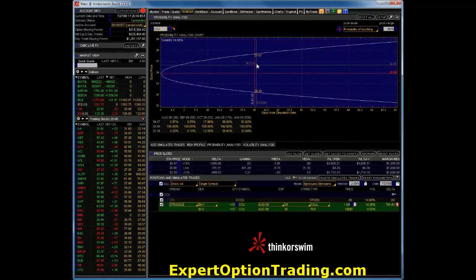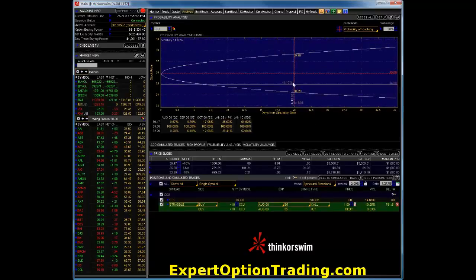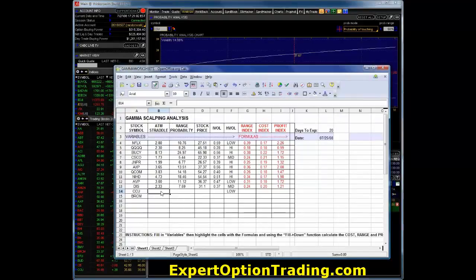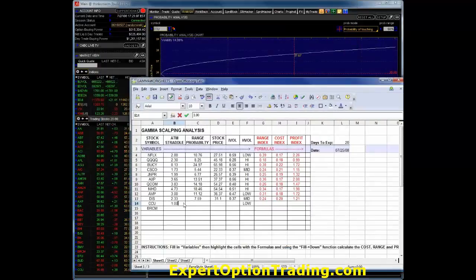And if we take a look here, we have a range here, 20 days to expiration, between $34.20 and $37.67. So let's go ahead and subtract those numbers. Minus $34.20, that gives us a range of $3.47. We'll bring up our worksheet here. The straddle price was $1. The range probability was 347.